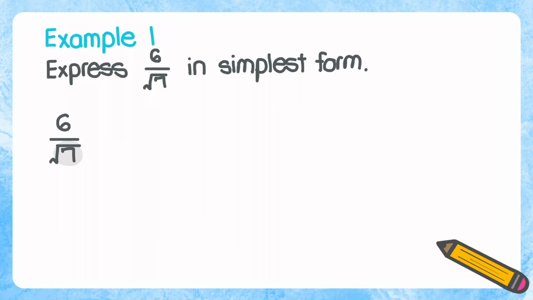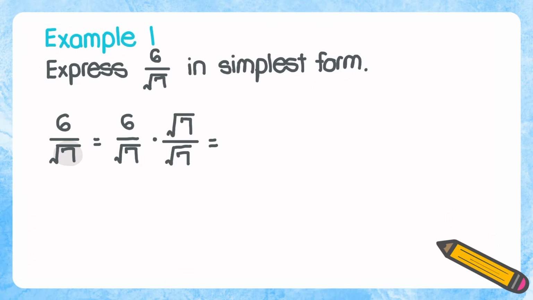And I want to get rid of this square root in the denominator. So what I'm going to do, I'm going to multiply both the numerator and the denominator by the square root of 7. So square root of 7 over the square root of 7.